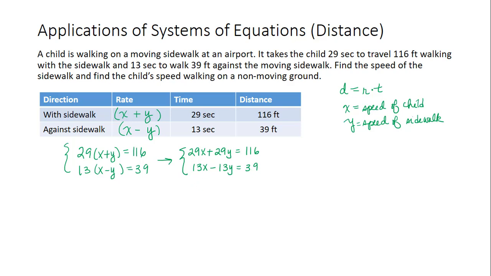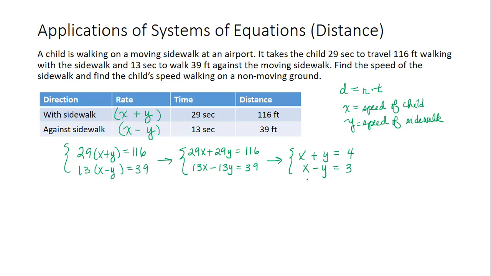Now I can divide the first equation by 29 and the second equation by 13 to make those easier equations to work with. Notice I could have actually done that in the first step if I had observed that fact. If I divide everything by 29, I get x plus y equals 4. And in the second equation, I divide by 13 to get x minus y equals 3.